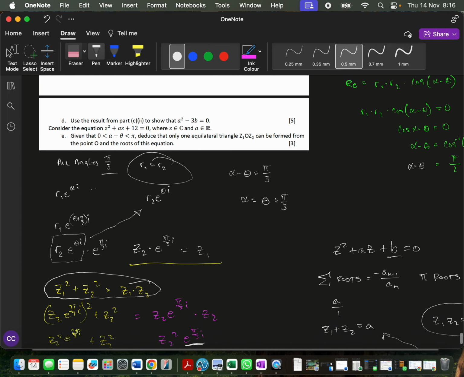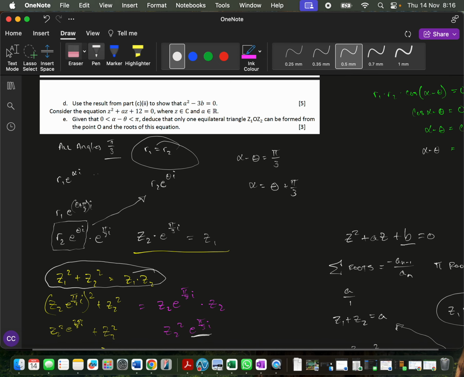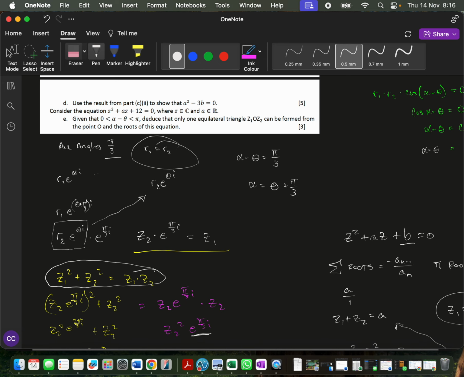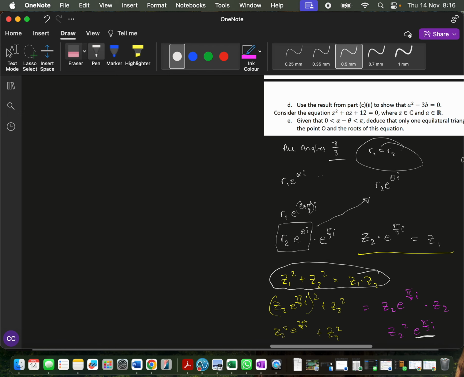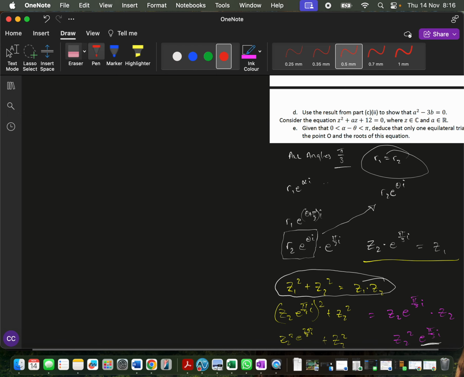Consider the equation where there's only one triangle that can be formed. So now, moving on, we've got z squared plus az plus 12 equals 0.